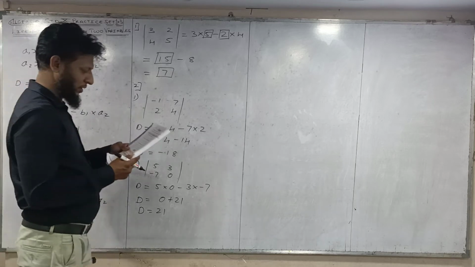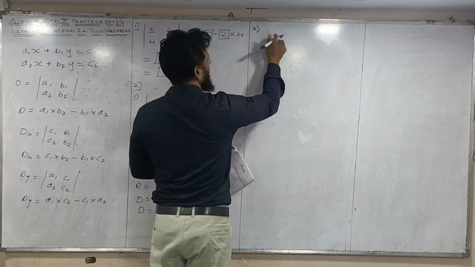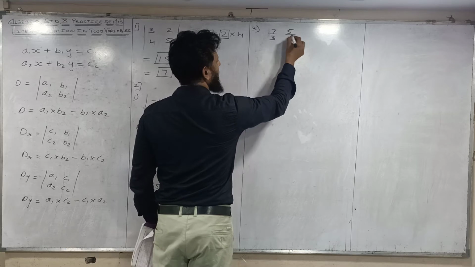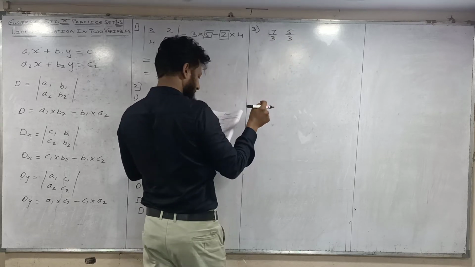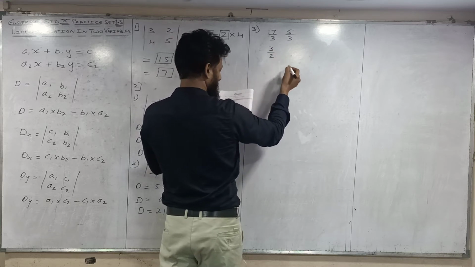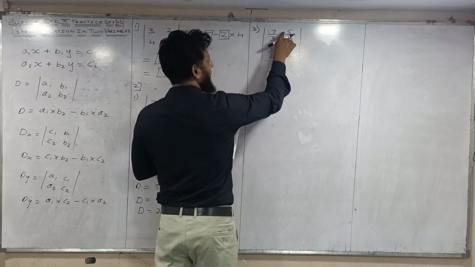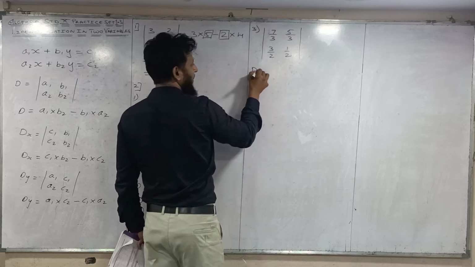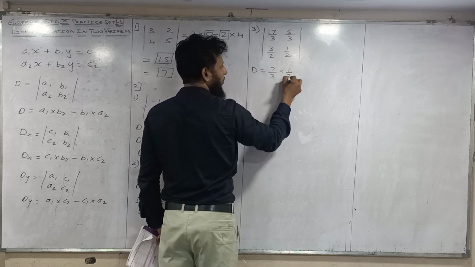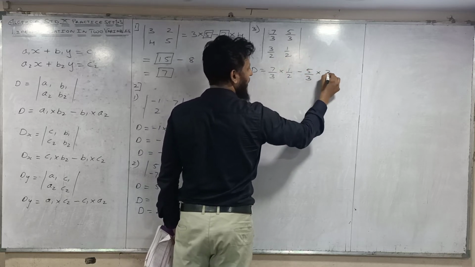Now the third sum: 7 upon 3, 5 upon 3, 3 upon 2, 1 upon 2. Here the numbers are fractions. Same type of multiplication: 7 upon 3 multiplied by 1 upon 2, minus 5 upon 3 multiplied by 3 upon 2.